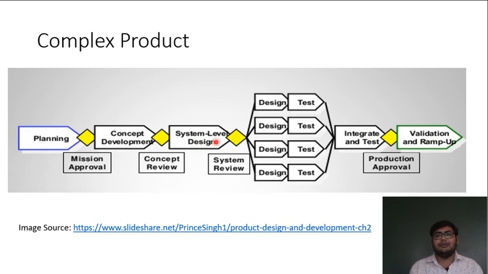But after system level design, while we are going for detailed design, we cannot design the entire product in one go, because there will be hundreds or thousands of parts, and there will be tens or hundreds of different systems like mechanical system, electrical system, air circulation systems, heat transfer systems, and there can be water transmission systems, etc. For example, if we talk about an aeroplane, then it is a complex product.